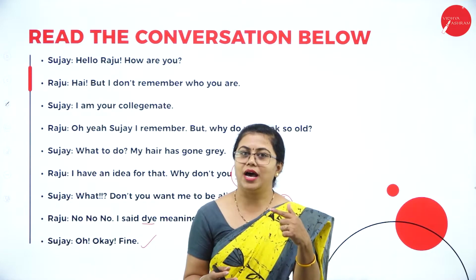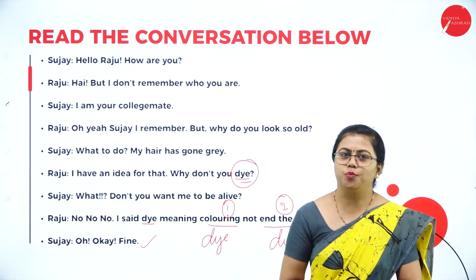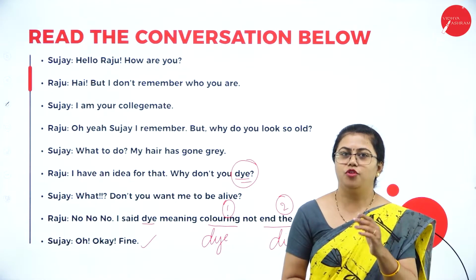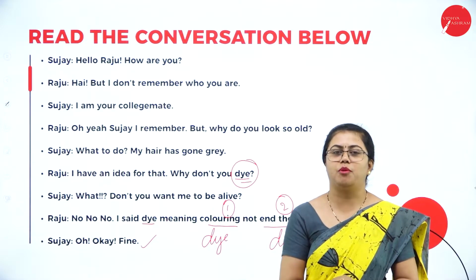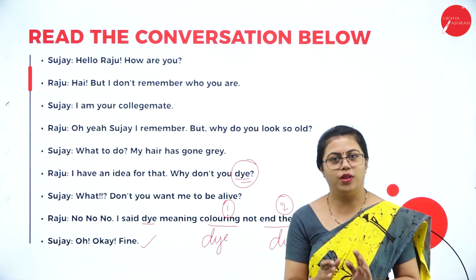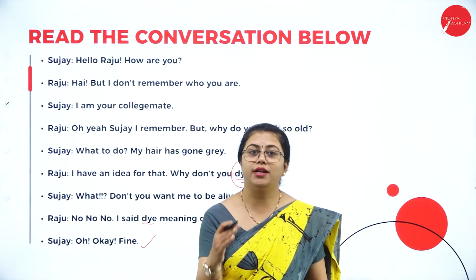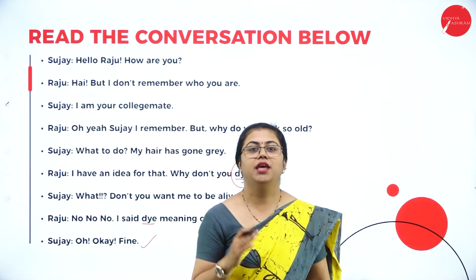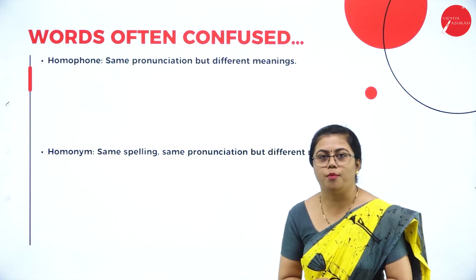But when you are in that situation, don't you feel you also will land up in such a stupid situation? Isn't it? If you don't know the meaning properly, if you don't know the spelling properly, if you don't use it properly, then obviously you will be a stupid person. So that's the reason you need to understand the words properly. You need to understand the spellings properly and then use it in a proper way.